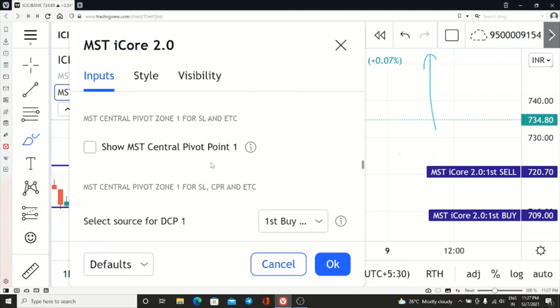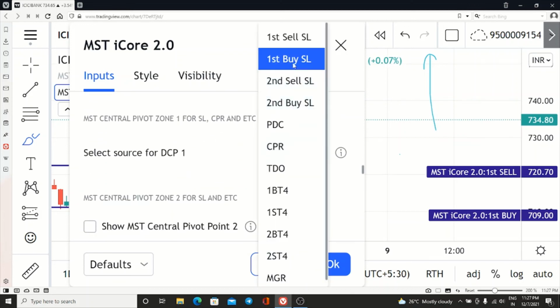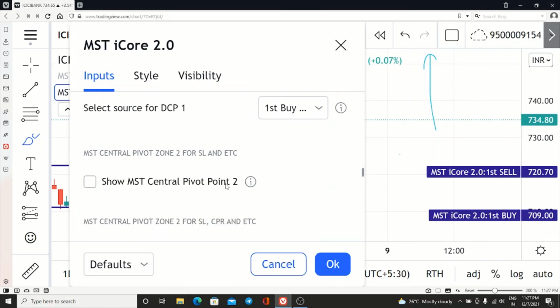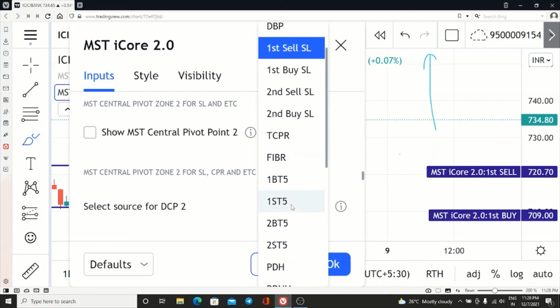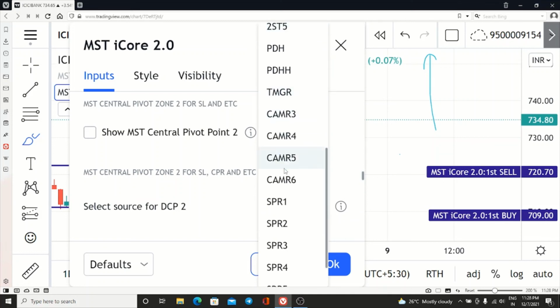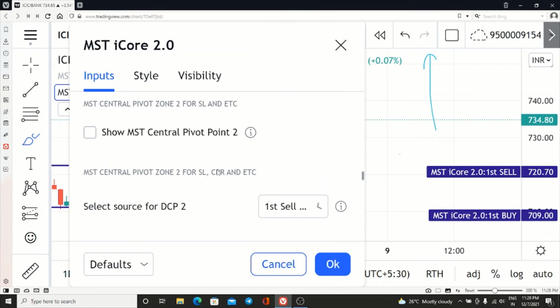Here also I have kept first sell SL, first buy SL, second sell SL, second buy SL, previous day close, CPR, today open, first buy targets, first sell targets, everything. Then here top CPR, Fibonacci reversal, Camarilla pivot, standard pivot and all I have kept.